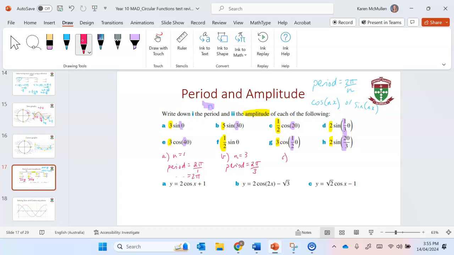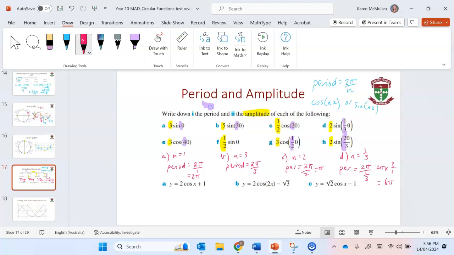For C, n is equal to 2, so your period is equal to 2 pi on 2, which is just equal to pi. For D, we've got n equals 1/3, so your period is equal to 2 pi on 1/3, which is the same as 2 pi times 3 on 1, so 6 pi.